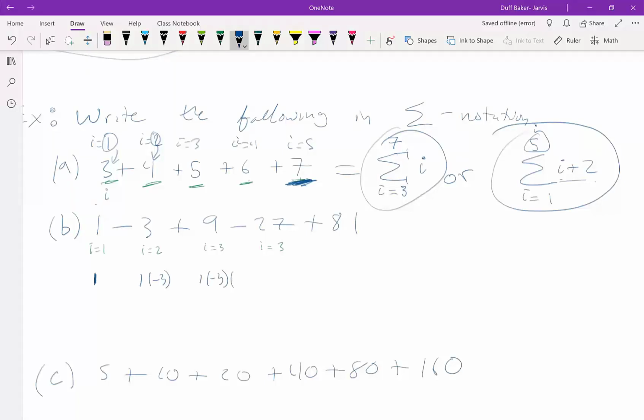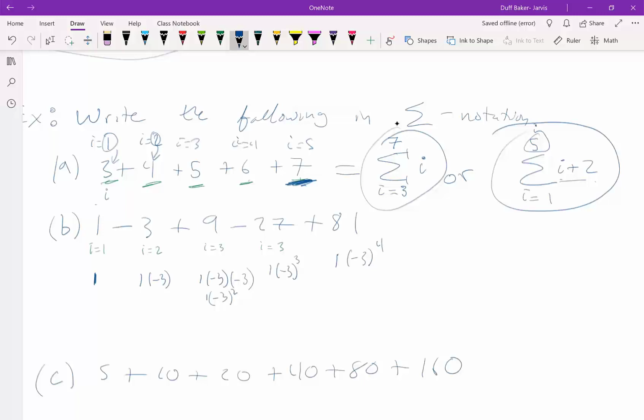Well, if you think about it a while, it's the same as multiplying by minus 3, so that's the same as 1 times minus 3 squared. And this one turns out to be 1 times another factor of negative 3, so it's 1 times negative 3 to the third. This would be to the fourth, and so on.